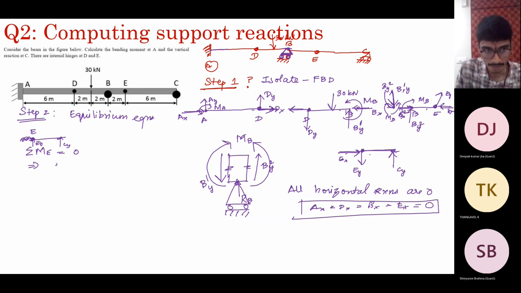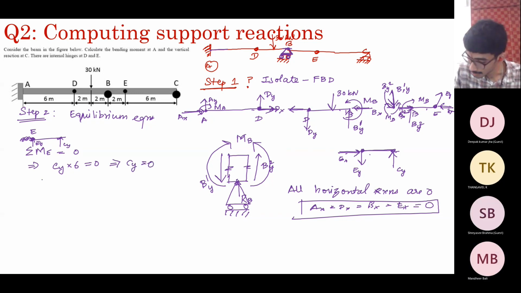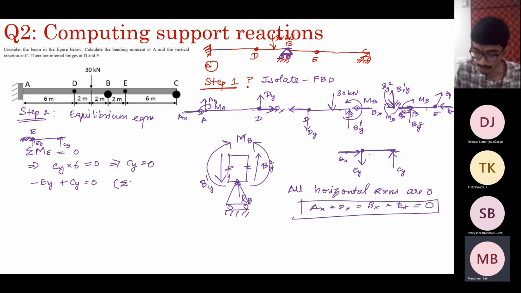So you'll get CY into 6 equal to 0, which means CY equal to 0. But not only that, EY minus EY plus CY equal to 0. Where does this come from? Sigma FY equal to 0. Since CY is already 0, you also get EY equal to 0.